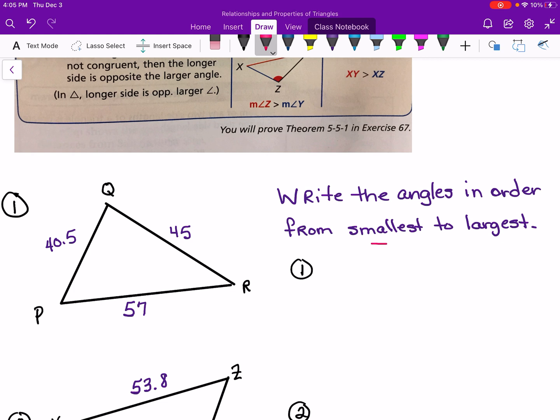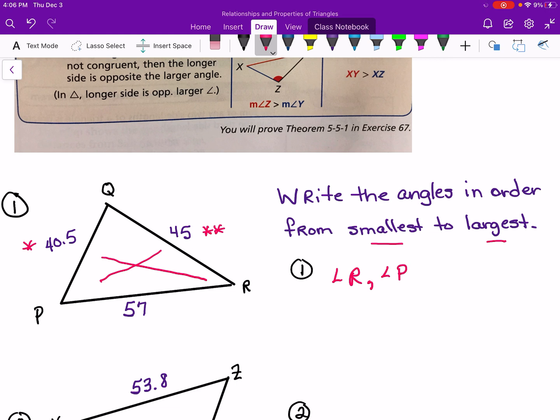Since we want to go from smallest to largest, what I'm going to look for first is the shortest side of my triangle, and that would be the 40.5. Since it's the shortest side, it is across from the smallest angle. So my smallest angle is angle R. The next one that's just a little bit bigger is the 45, so the angle across from it is going to be the angle that's just a little bit bigger than the first one.